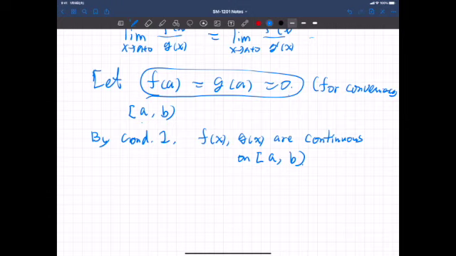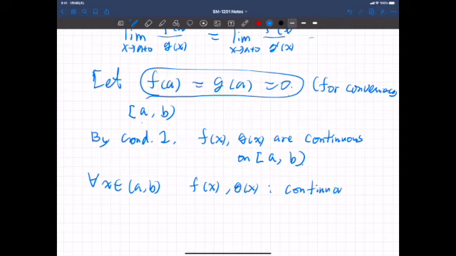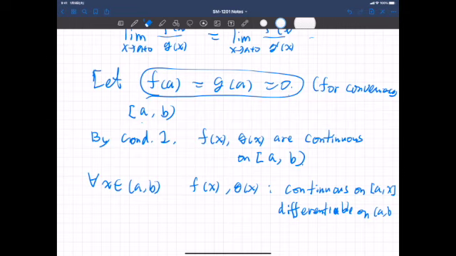Okay, and so for any x between a and b, f of x and g of x are continuous on a to x, including x, and also differentiable on this open interval between a and x.